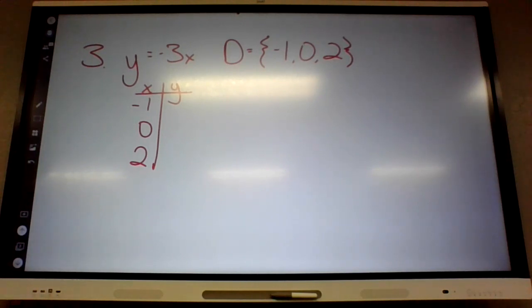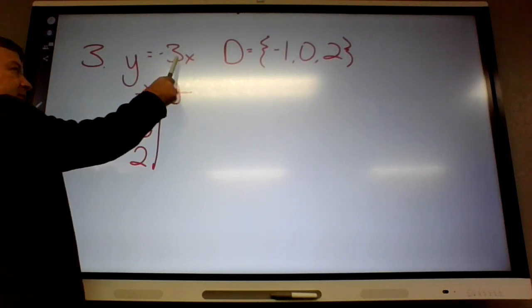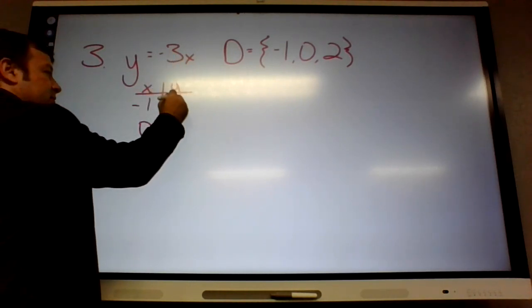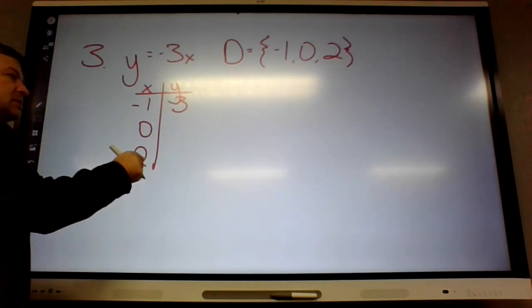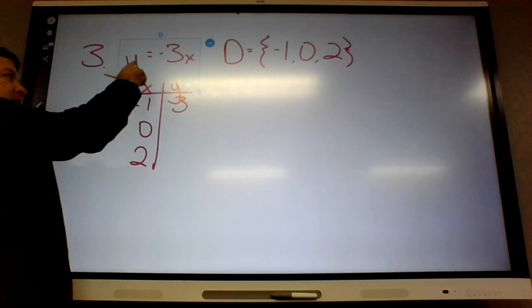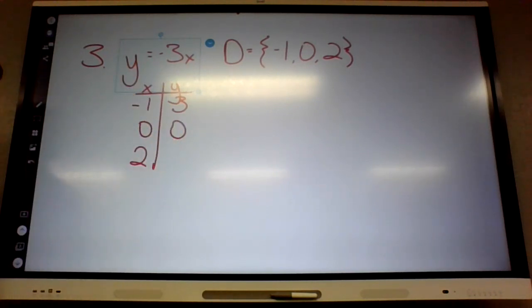All right. If we plug in negative 1 for x, we get negative 3 times negative 1 is positive 3. If we plug in 0 for x, negative 3 times 0, y would equal 0.